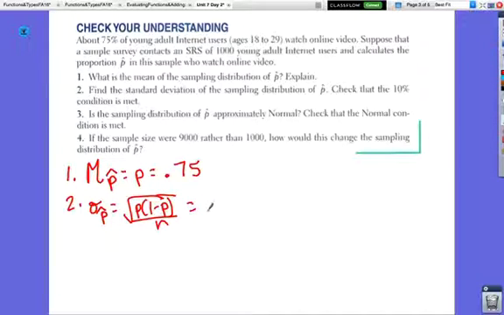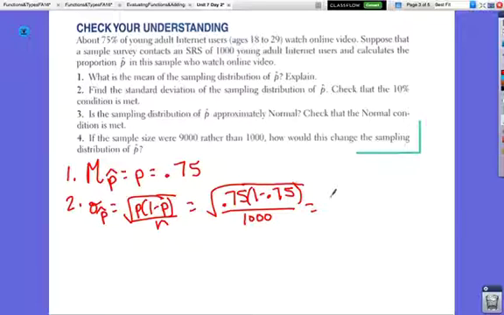Our p, of course, is 0.75, and our n is the sample size, which in this case is 1,000. We know that 1 minus 0.75 is 0.25, so we can simplify that a little bit.